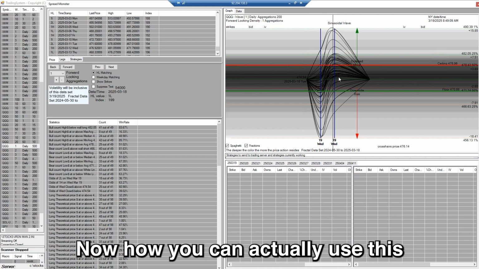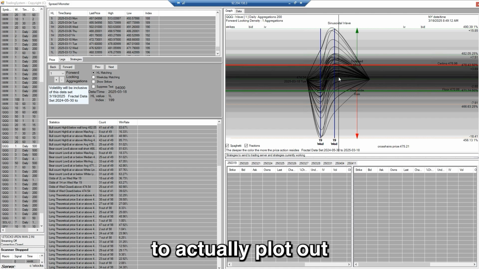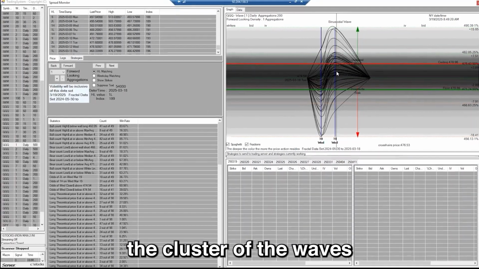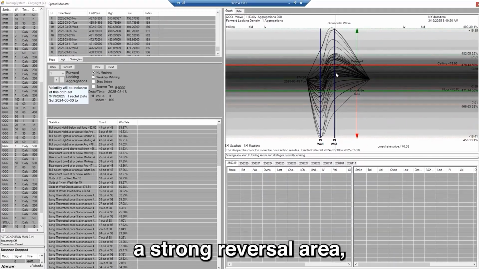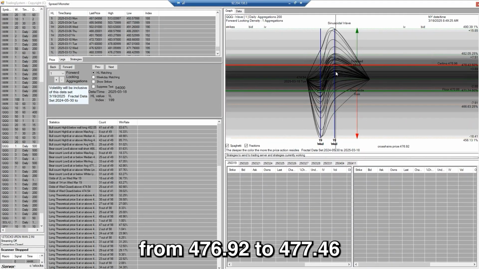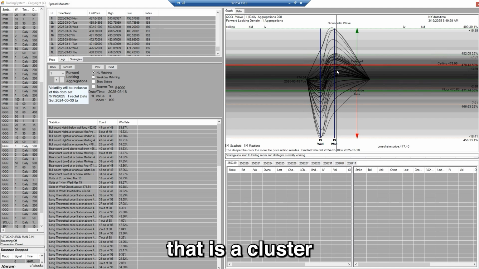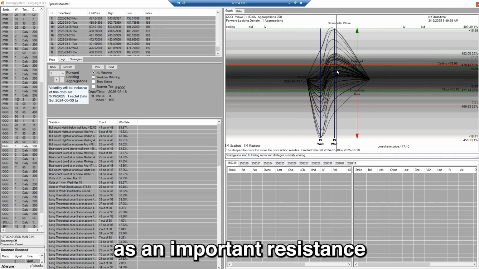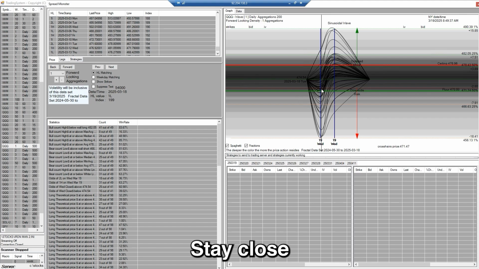Now how can you use this to your benefit to plot out different levels? You can just look at the cluster. Wherever you see a cluster of the waves, that represents a strong reversal area, like right here from 476.92 to 477.46. That is a cluster, so it can work as an important resistance. Same is true below the previous day close.